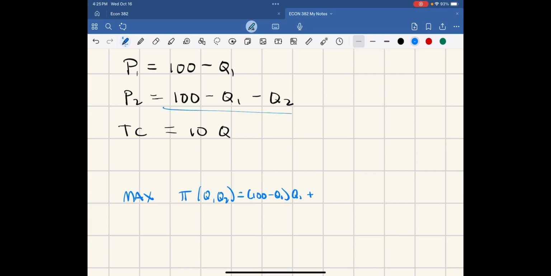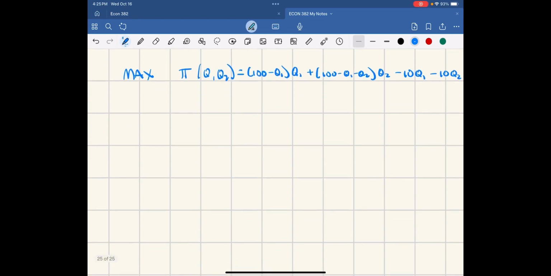Here's P2: (100 minus Q1 minus Q2) times Q2, minus 10 times Q1, the cost to produce quantity 1, minus 10 Q2, the cost to produce quantity 2. So with this optimization problem, we're going to maximize by choosing Q1 and Q2.